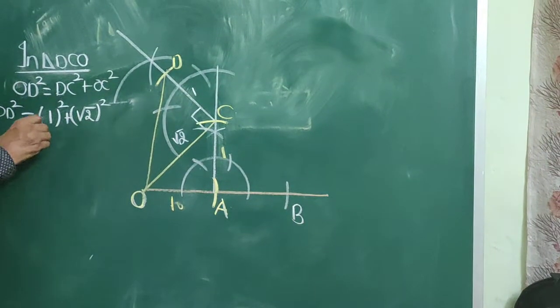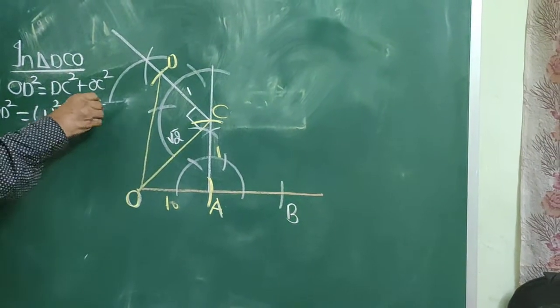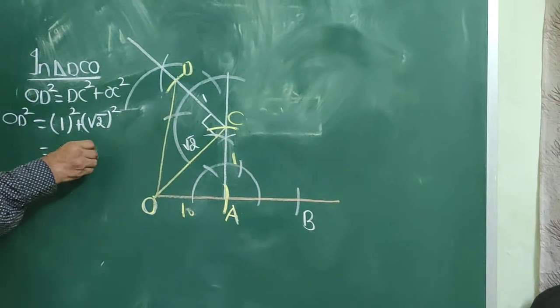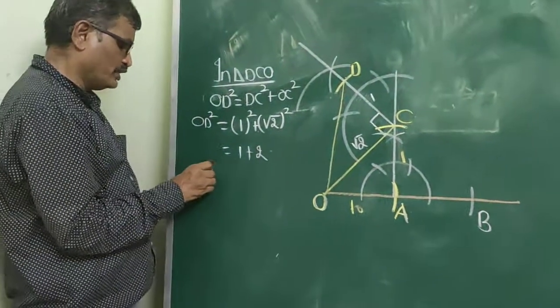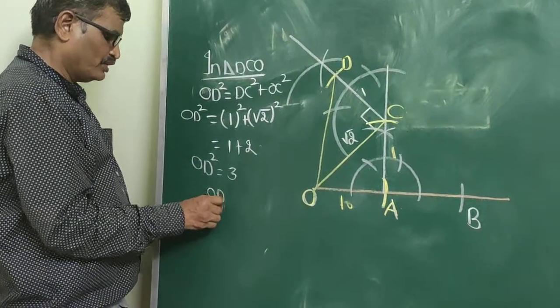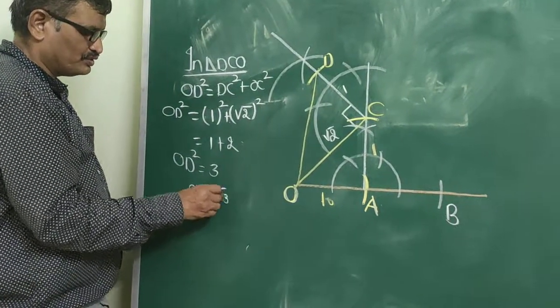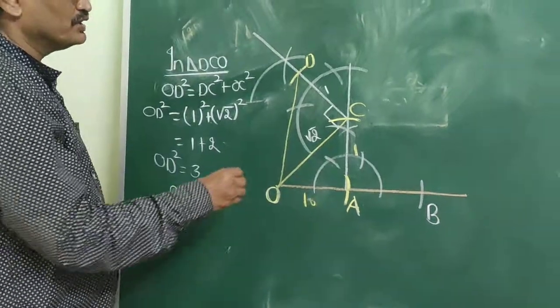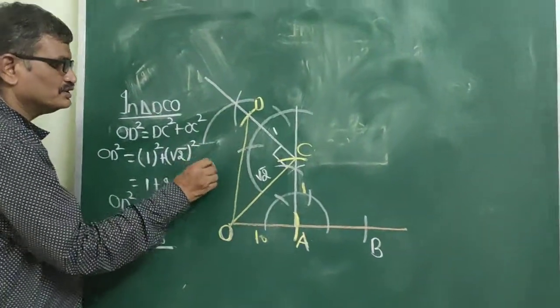So 1 square is equal to 1, root 2 square is equal to 2. So OD square will be equal to 3. So OD is equal to root 3. So what I want to tell you, children, is the value of OD is equal to root 3.